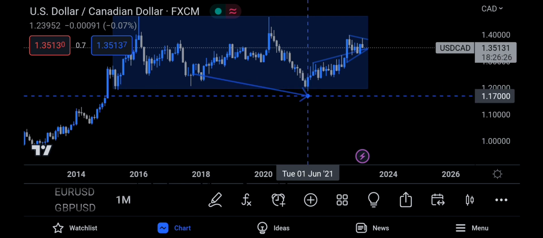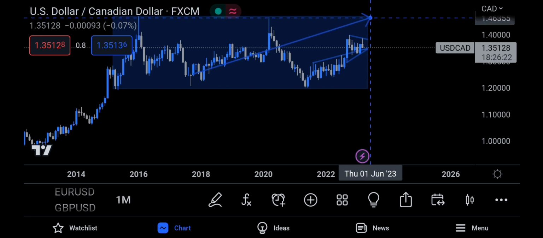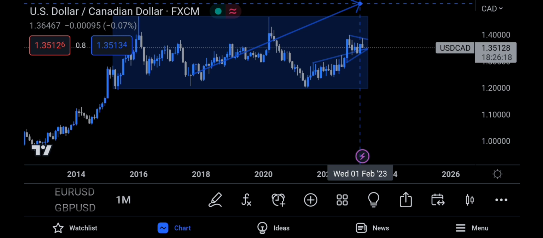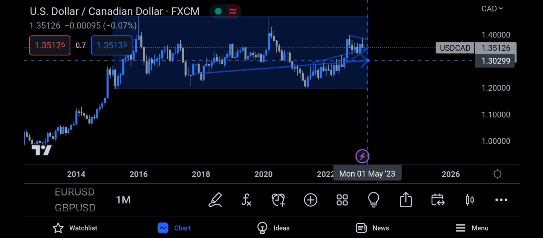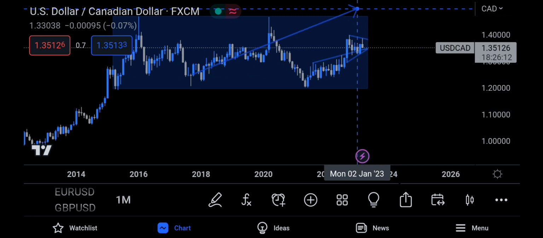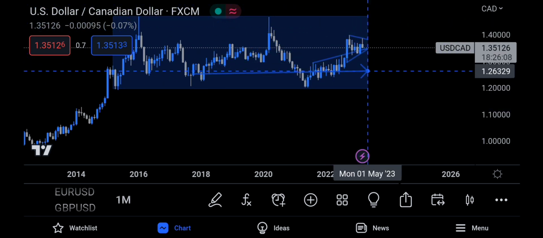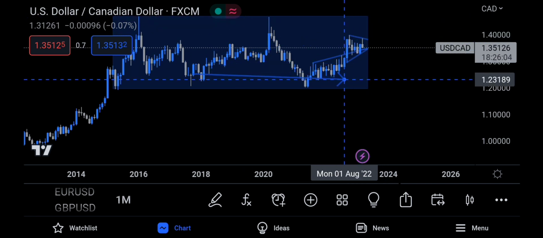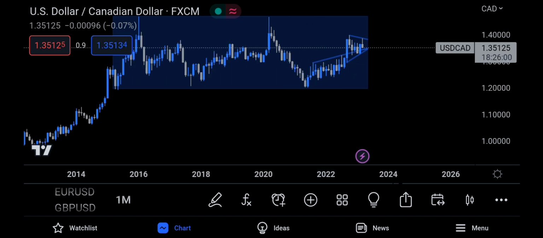Any moment we bounce off, there's a possibility of price coming to test this same level of resistance again for either a breakout or a rebound to the downside. Until we break below or above, there's a possibility of price moving inside this range for a long period of time. So in the monthly time frame, this is what we are seeing.